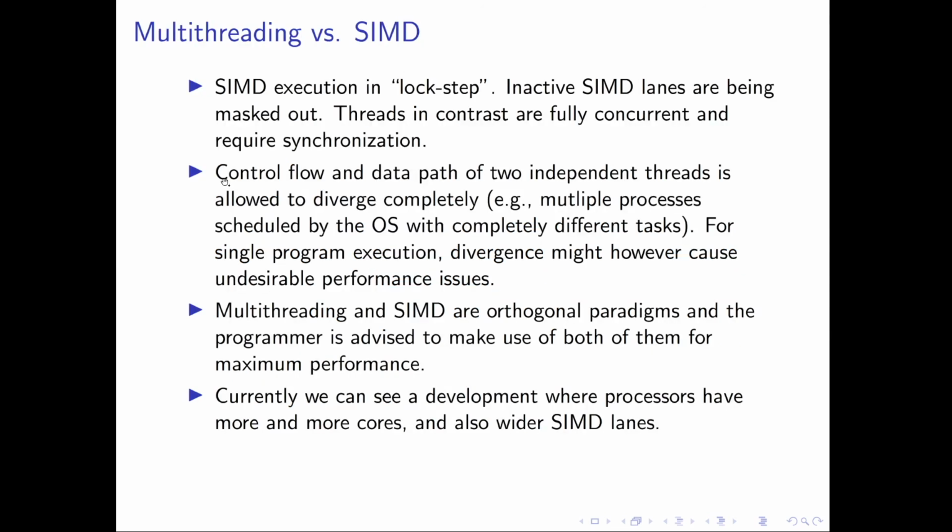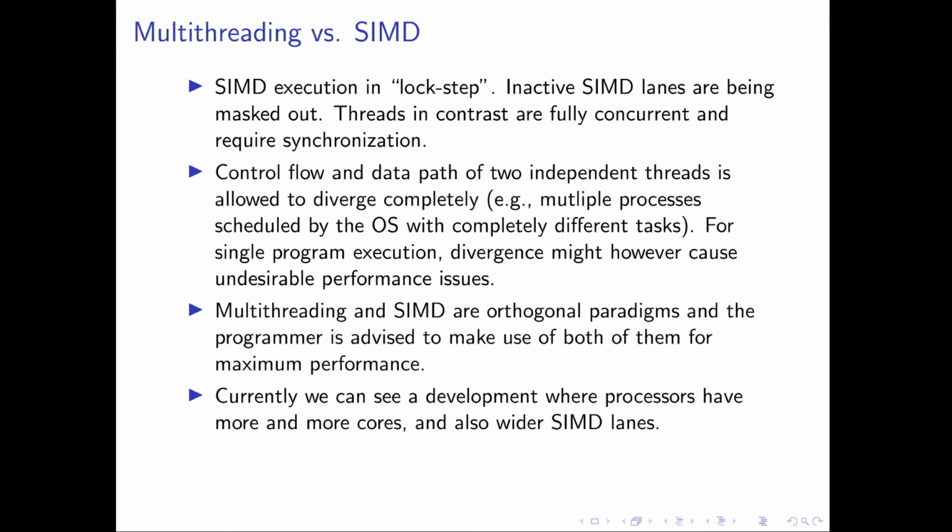So let us now briefly put multithreading and SIMD into perspective. SIMD, that we learned about earlier, had this execution model where all instructions were performed in lockstep, and we had parallelism through the SIMD width, the width of the vector register that we fit those scalars in, and that the instructions were performed on.